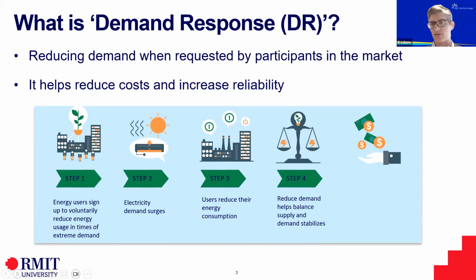That also reduces costs, because you don't need to supply those high peaks, which are usually much more expensive than others. To give an example, we're moving from, let's say, $100 or $200 per megawatt hour to $15,000 per megawatt hour in the wholesale market. Those are times when it can help reduce costs, but also increase reliability.